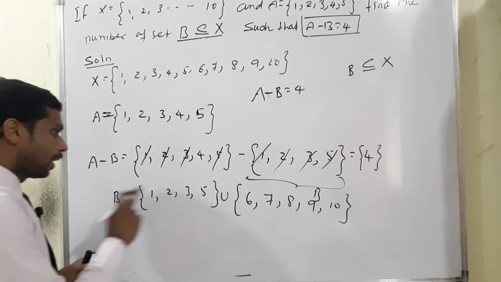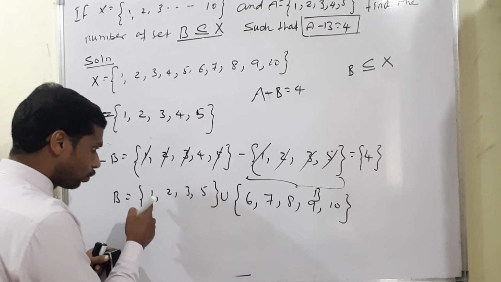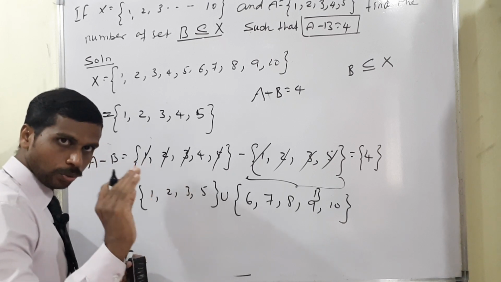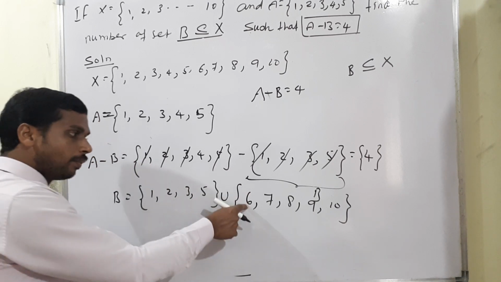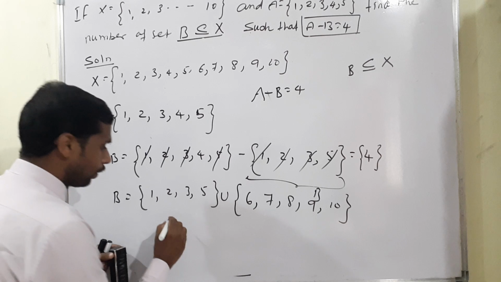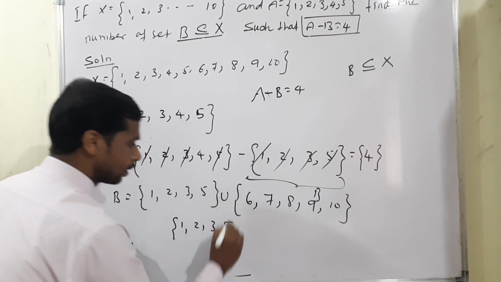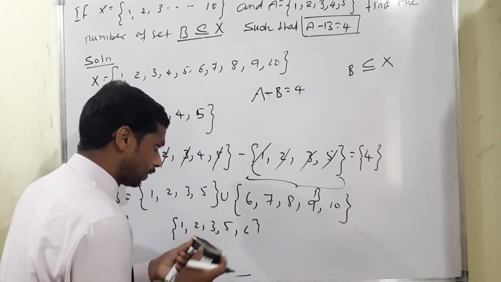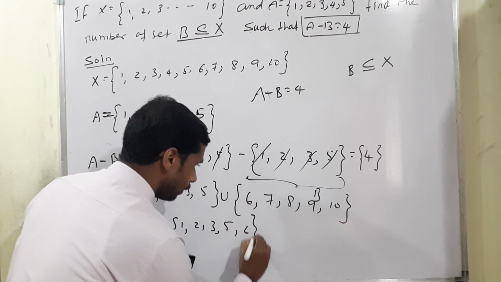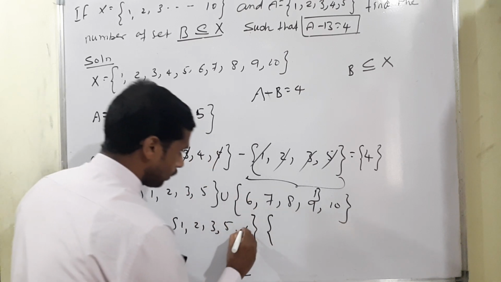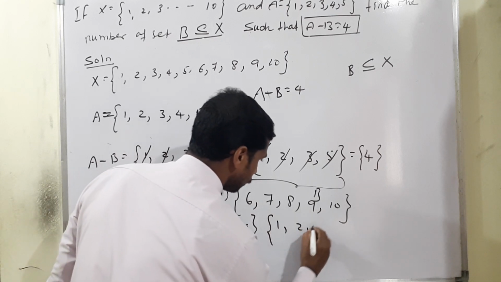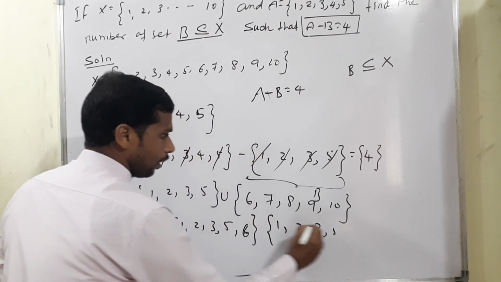But in each and every set, 1, 2, 3, 5 are common terms, then particularly we can arrange how many sets are possible. For example, the first set 1, 2, 3 and 5 with 6 as one of the sets, isn't it? Then the second set, 1, 2, 3, 5 with 7, taking 7 after 6.